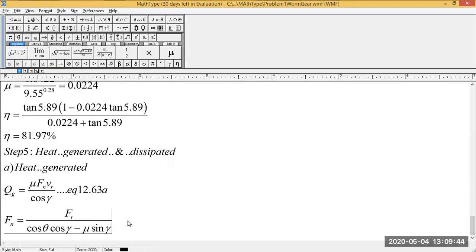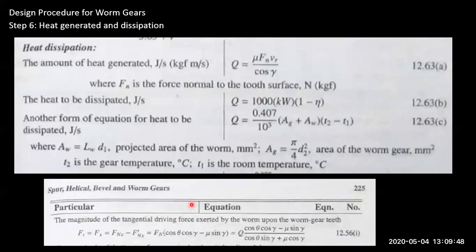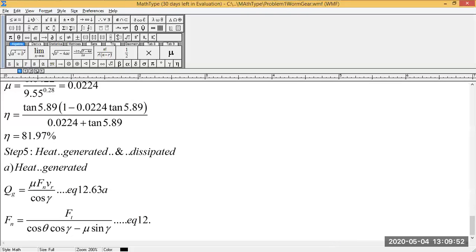So this is Ft. This we have taken from equation 12.56i.